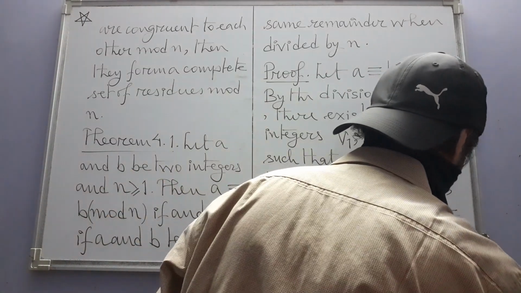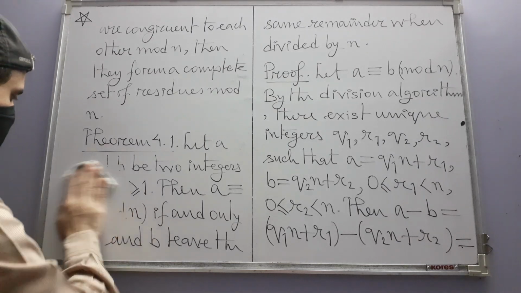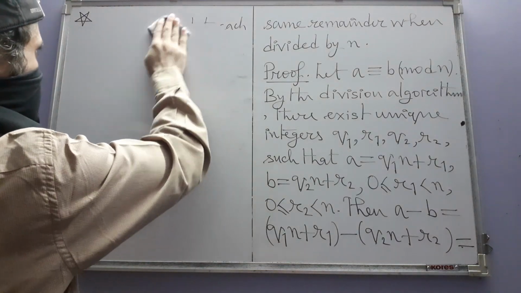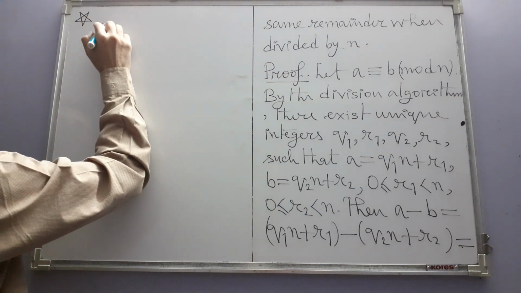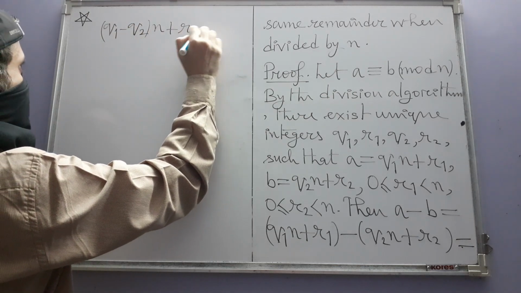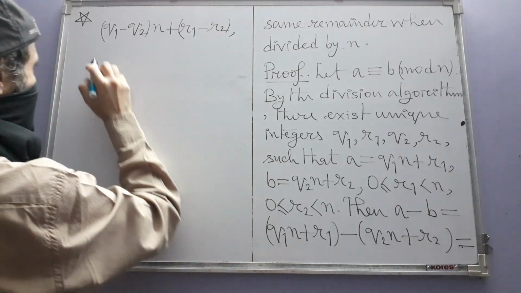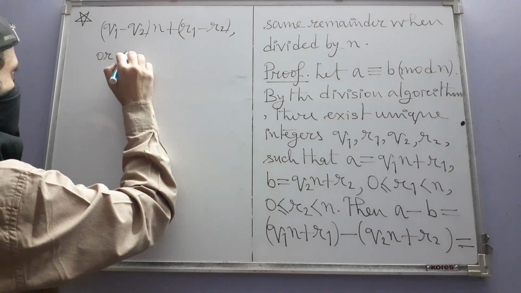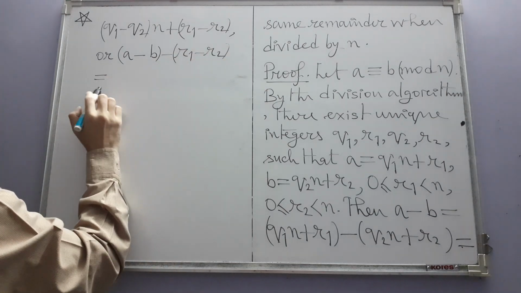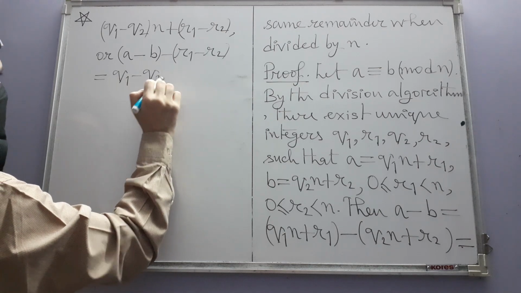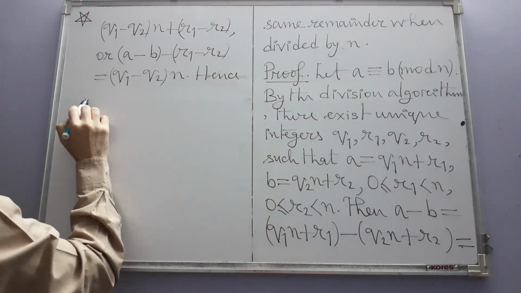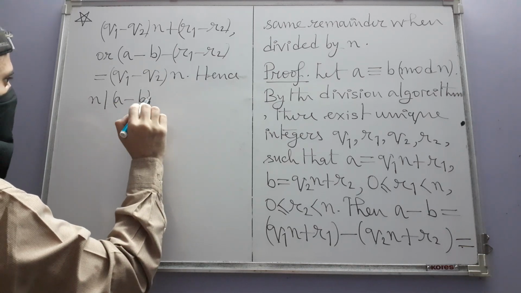Okay, and this can be rearranged to write like this: Q1 minus Q2 times n plus R1 minus R2, or you can further rearrange things and get this: A minus B minus (R1 minus R2) is equal to (Q1 minus Q2) times n. Hence, n divides this difference.